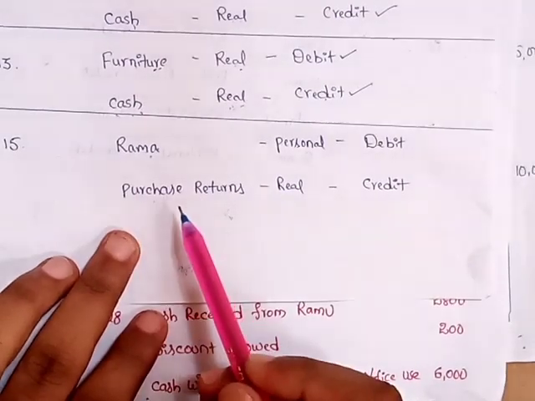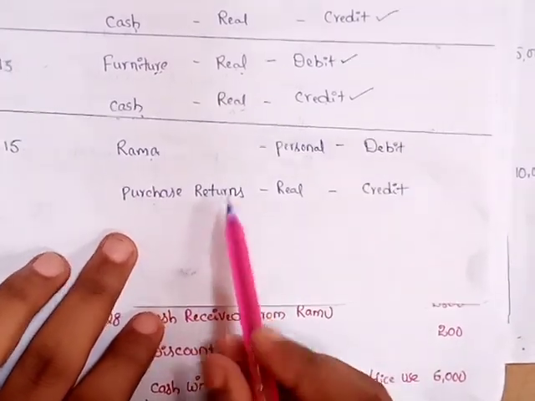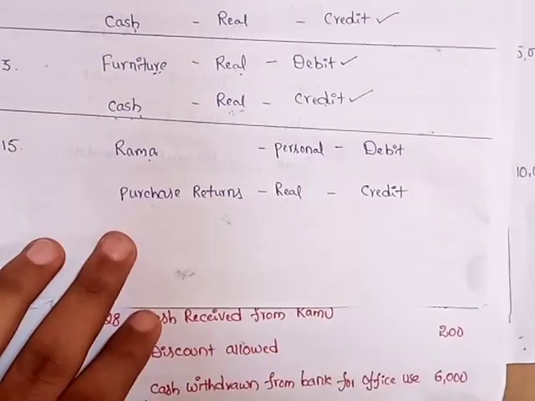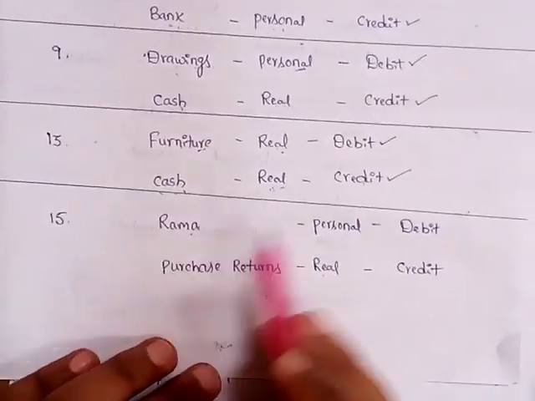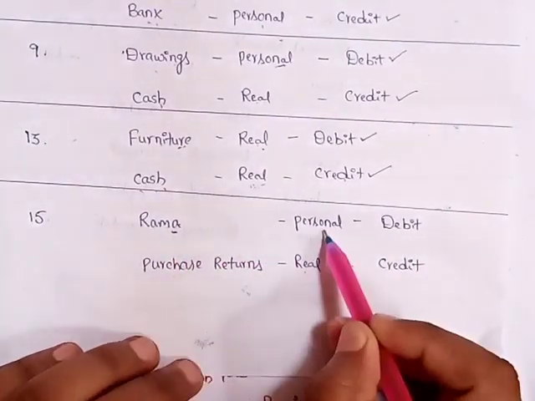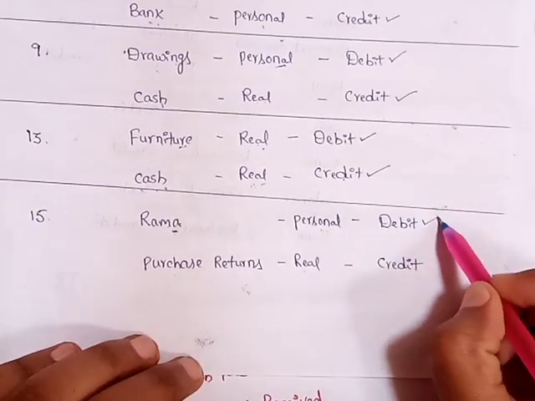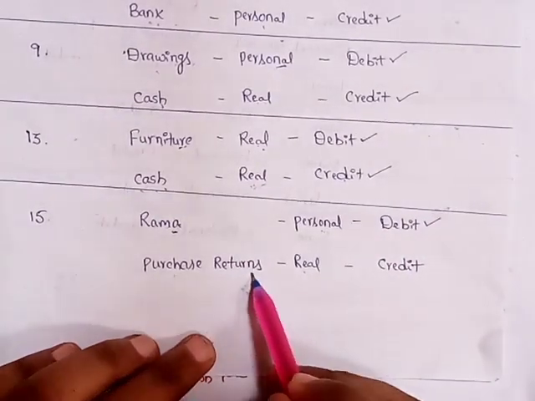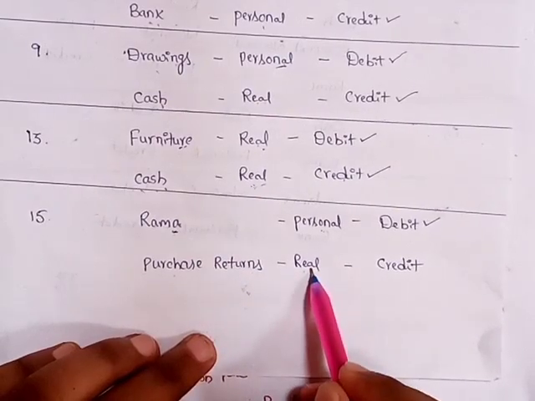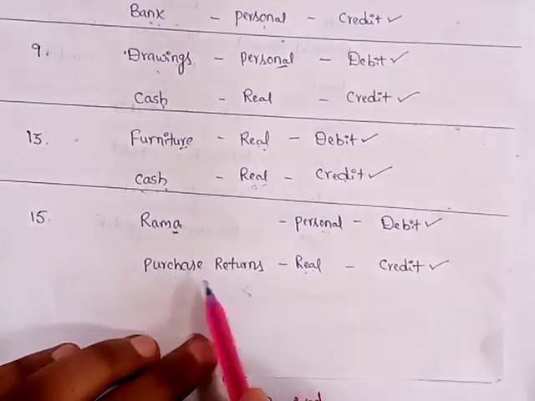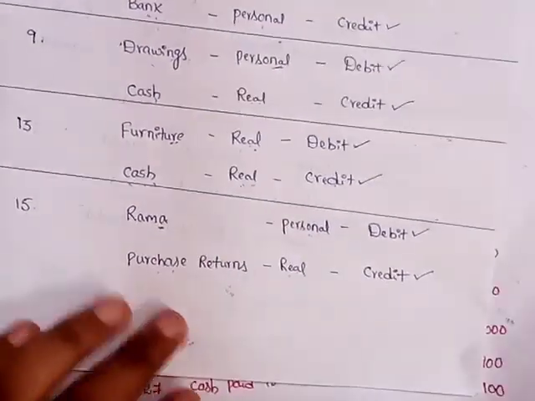We are returning the goods, that's why goods are assets, that's why it's a real account. So here Rama is a receiver. According to personal account, receiver will be debit, and when we return the goods, they go out from the business. According to real account, what goes out, that will be credit. So Rama debit, purchase returns credit.